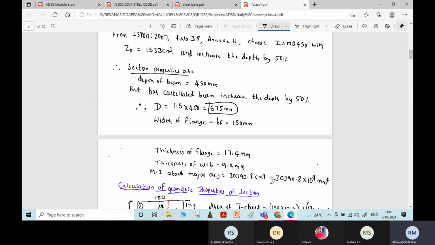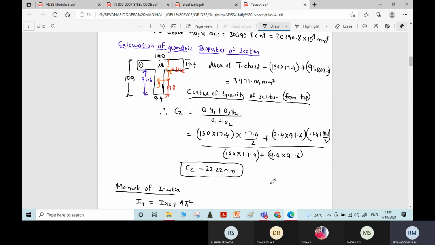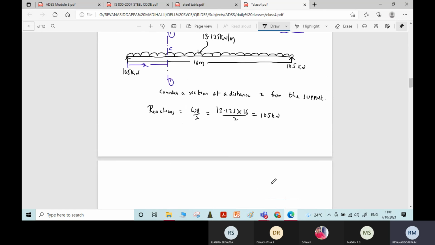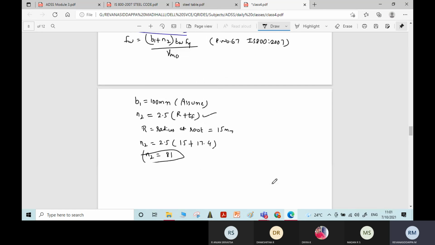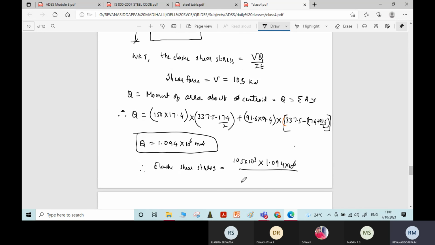Moment of inertia about the major axis. It is in terms of centimeter raised to 4, into 10 power 4, into thickness of web which is 9.4.